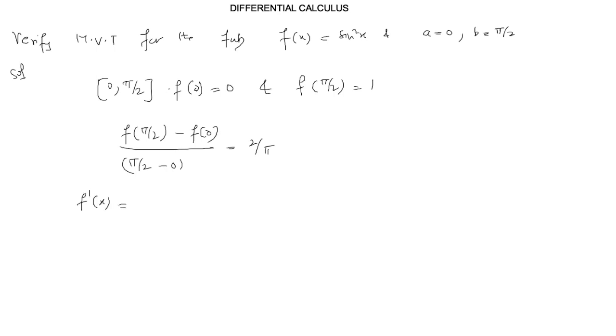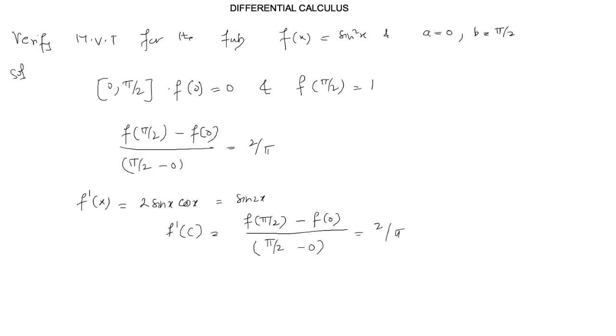Okay, now f of x is sine square x, so f dash of x will be 2 sine x cos x, which is sine 2x, right? And by mean value theorem, f dash of c, which is f of pi by 2 minus f of 0 divided by pi by 2 minus 0, so this is 2 by pi, right?